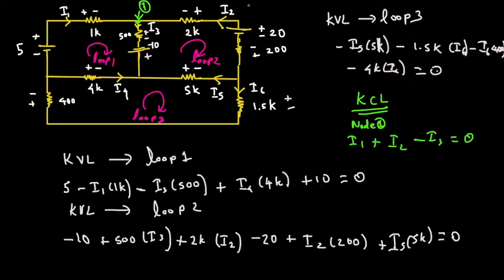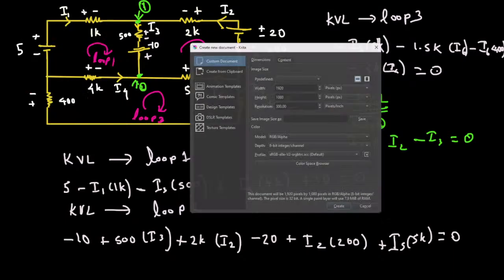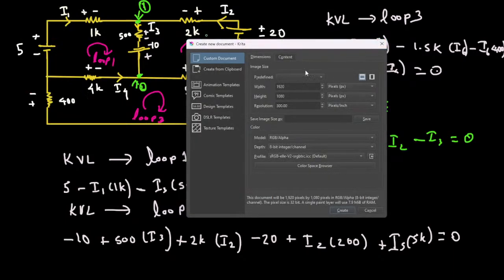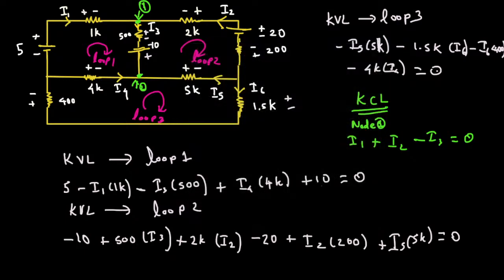And we can look at what other nodes we have, and I can take this node right here and call it node number 2. Let's use a different color.